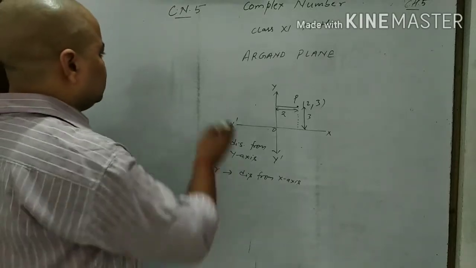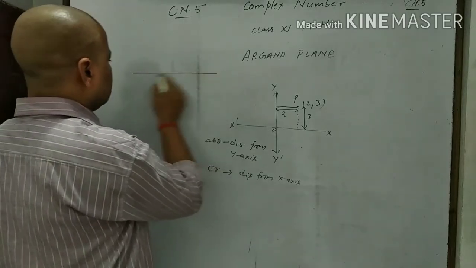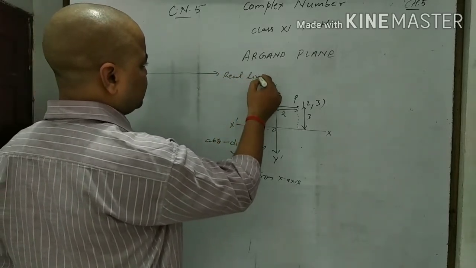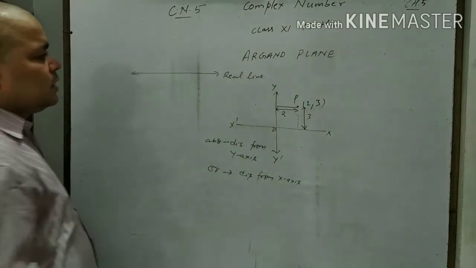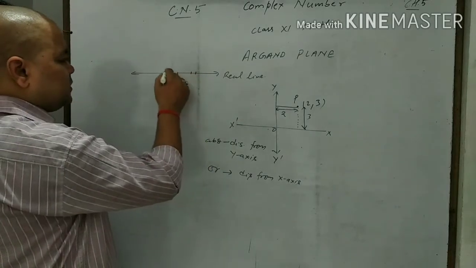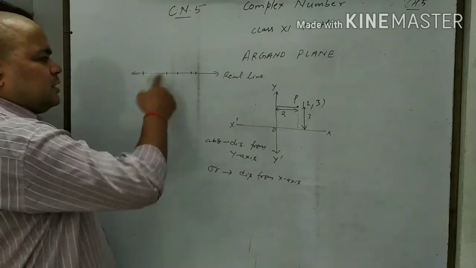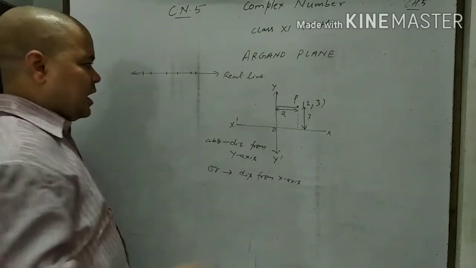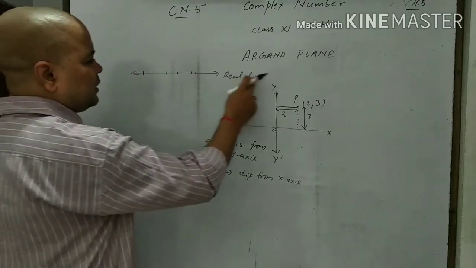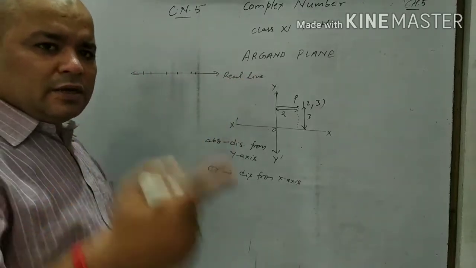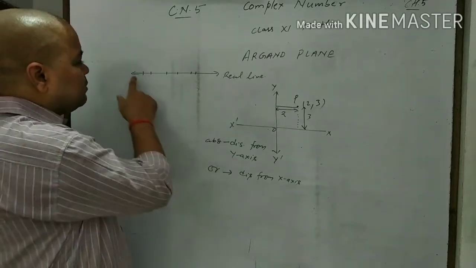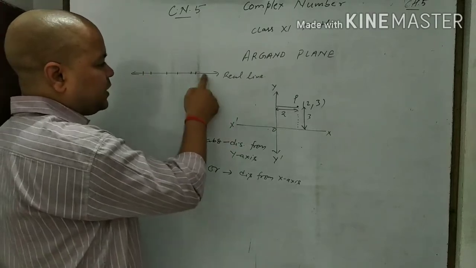Just like here, this is the real line. For each point here, any point, we have a real number r. For each point on the real line we have a real number, and for each real number we have a point on the real line.